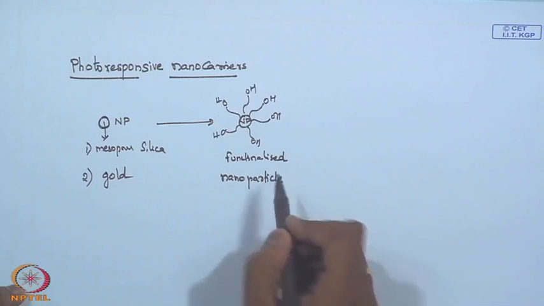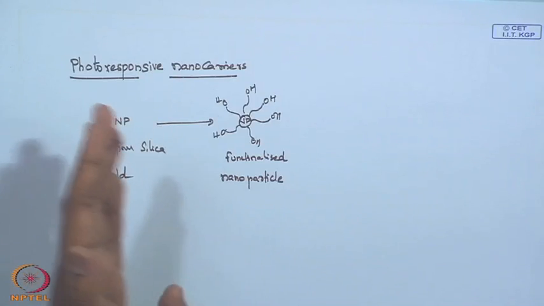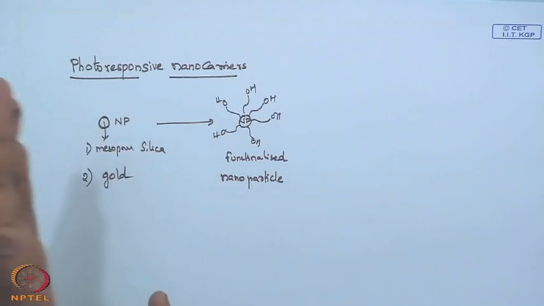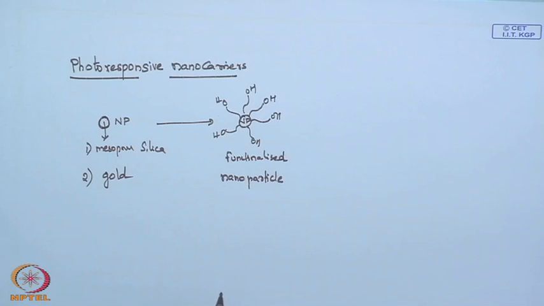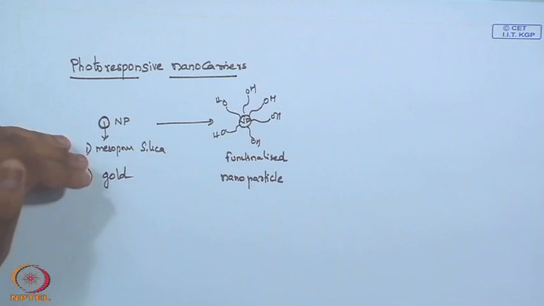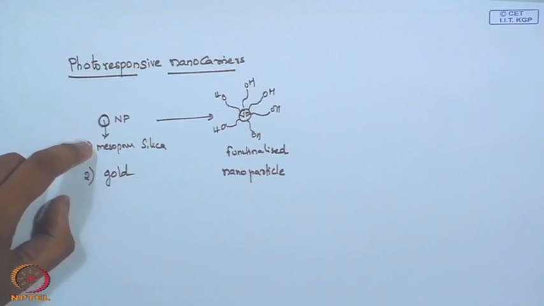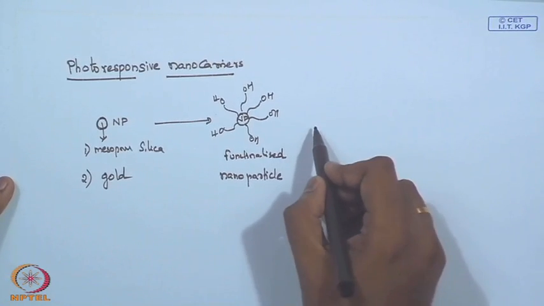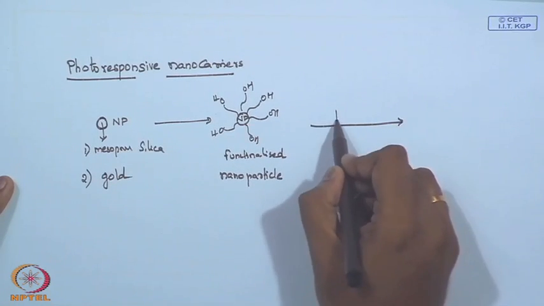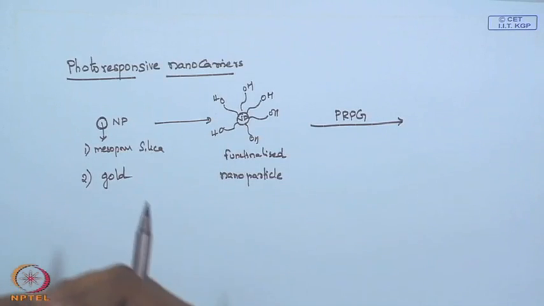Why am I saying this? So far you have seen the basics of photochemistry, but you should know what is really happening right now in the photochemistry field, because that is very important for you. You have a mesoporous silica, they take a nanoparticle and functionalize it. Now, the interesting part. Initially, we took our photoremovable protecting group and attached it to our anti-cancer drug.